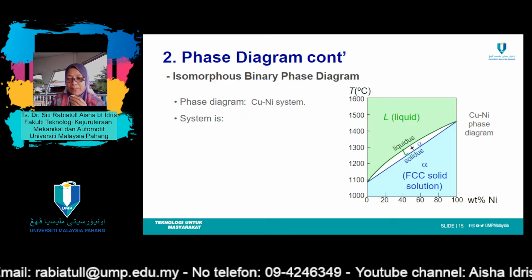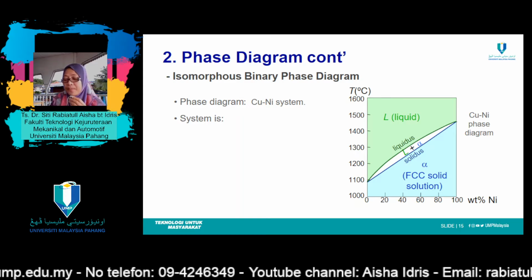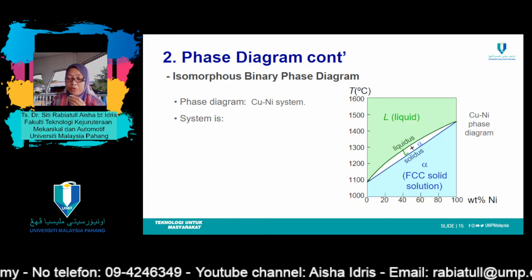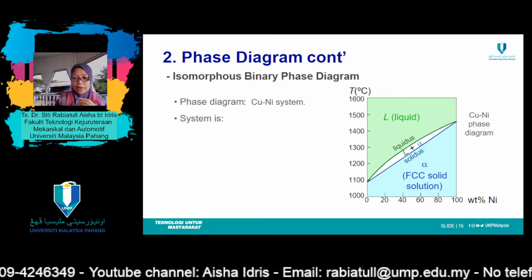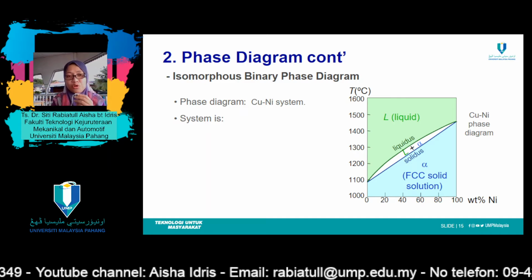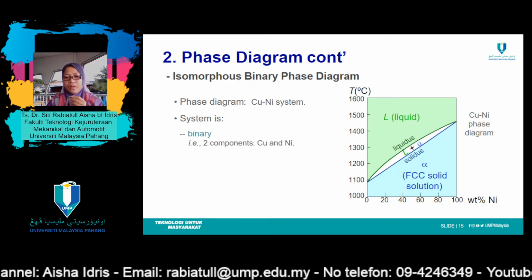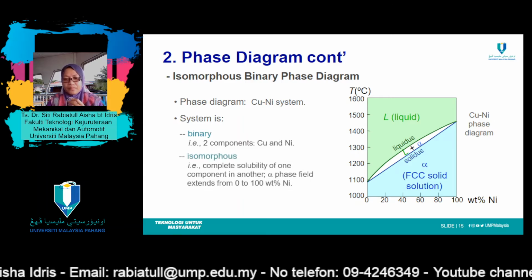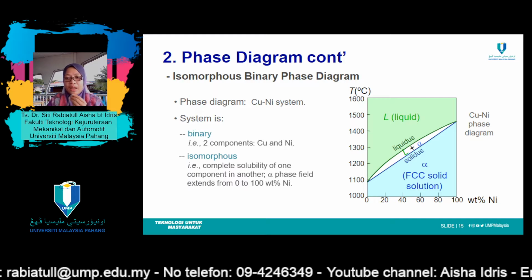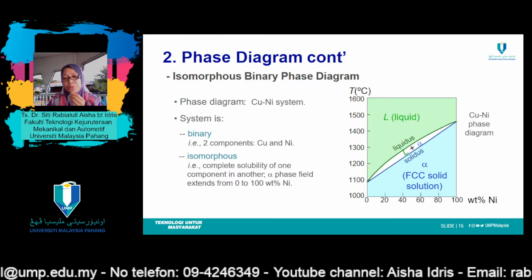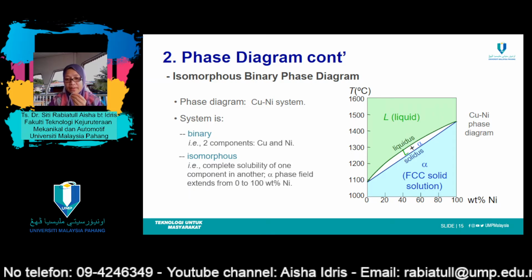So, like I mentioned just now, for the copper and nickel system there is no limit for you to add copper into nickel or nickel into copper, because the phase diagram itself shows there's no solubility limit for this type of phase diagram. Okay, so I did mention for this system, binary refers to a phase diagram which has two components. For this case, copper and nickel.